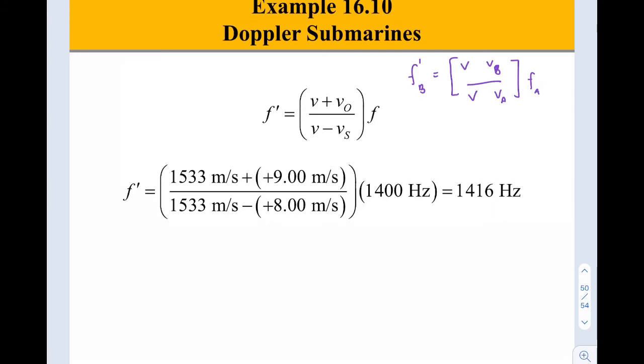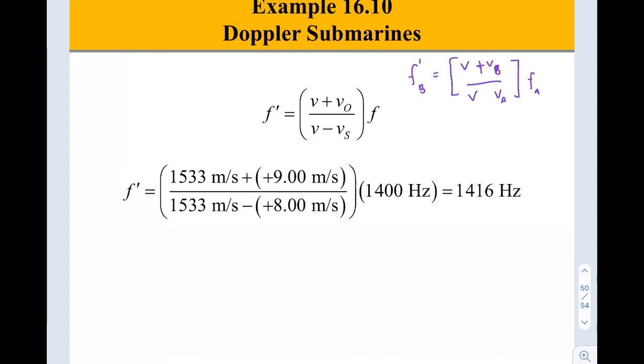So which sign to be used, positive or negative? Let's take a look. The submarines are moving towards each other. Therefore, for the V observer, sub B, the observer is moving towards, so it's going to be positive.